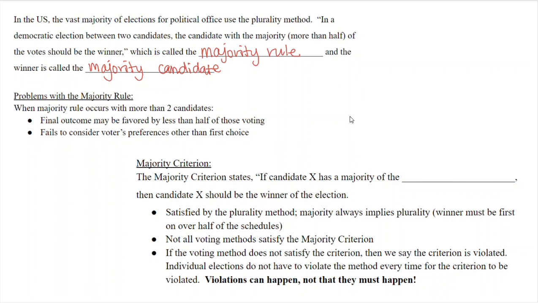It does not take into account who would be your second or third, etc. choice. So the majority rule is one of those rules that I mentioned that people have decided is a rule of voting. If you have a fair voting system, it should follow the majority rule. The candidate who gets more than half of the votes should be the winner.